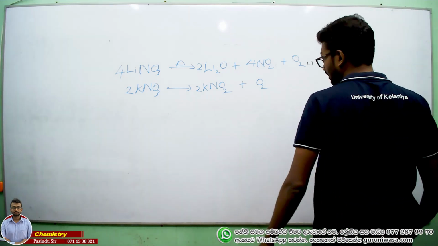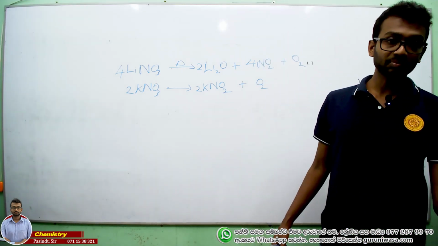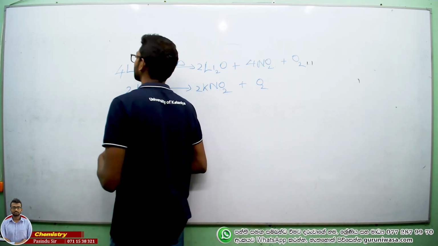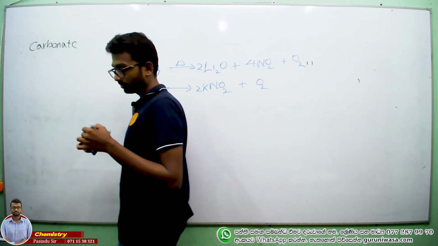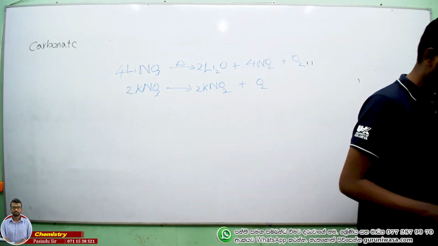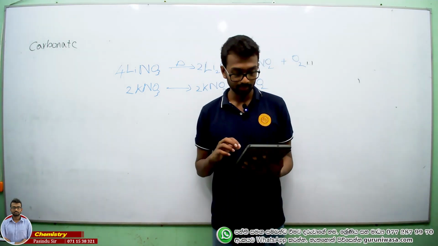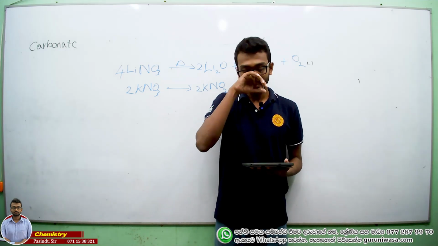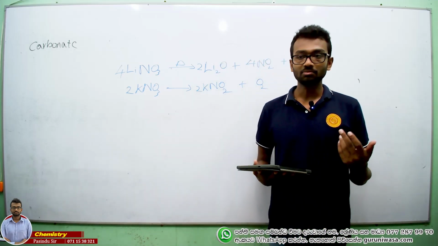So here we talk about nitrates. Next one, carbonates. Write down the topic: decomposition of carbonates. As you know, it's common for all the group. When we heat the carbonate, it releases carbon dioxide and forms oxide.